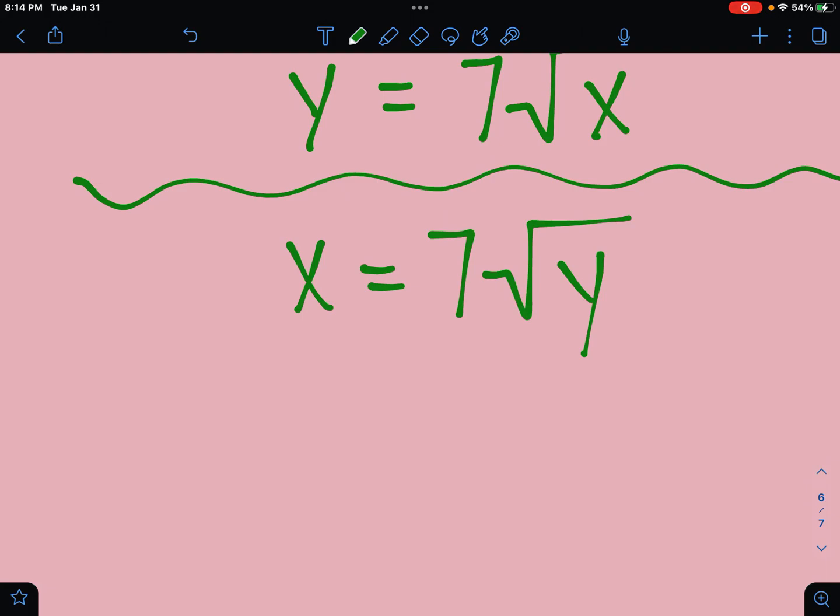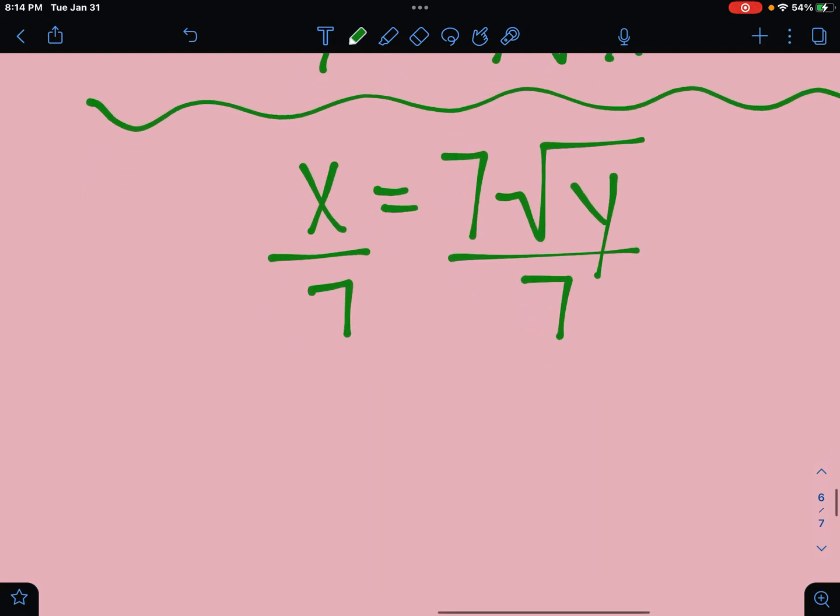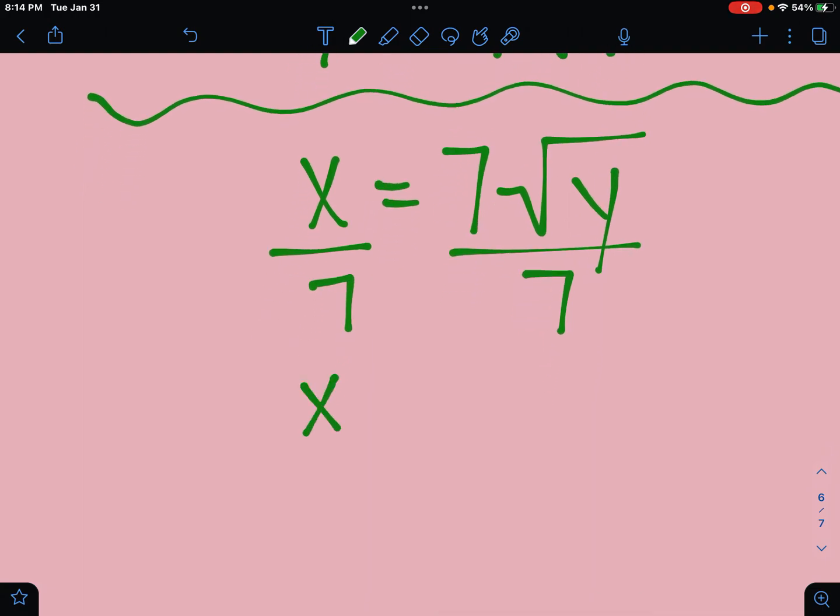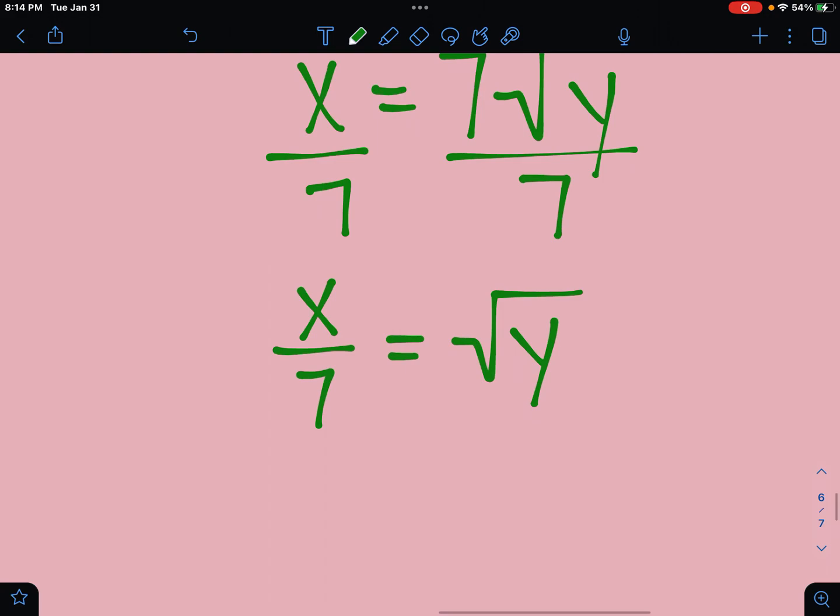I need to get rid of the square root, but I can't do it yet because I have the 7, so I need to divide both sides by 7. And then I have x over 7 equals the square root of y. I need y by itself, so I need to undo the square root. So I'm going to square both sides.